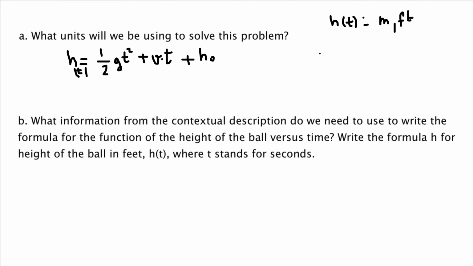And v0 and g: g is in meters per second squared, or the units are feet per second squared, depending on what units are given in the problem.